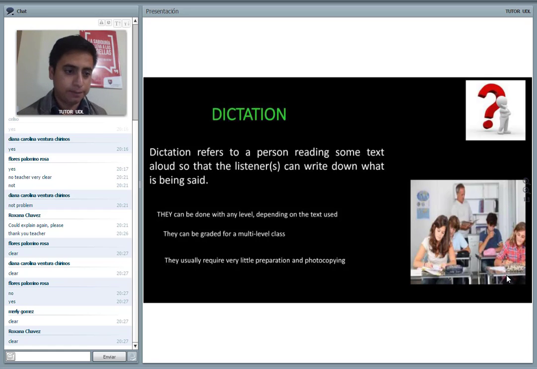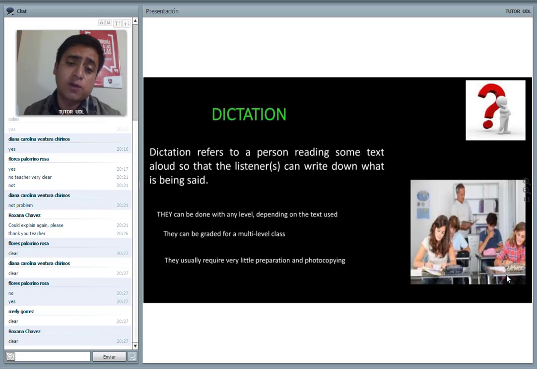So it's the same here. That's a second language, so dictation is very important as well. Not every class, but I think it's very important, especially when they are beginners. They need to learn many words, so dictation is a good exercise for them.